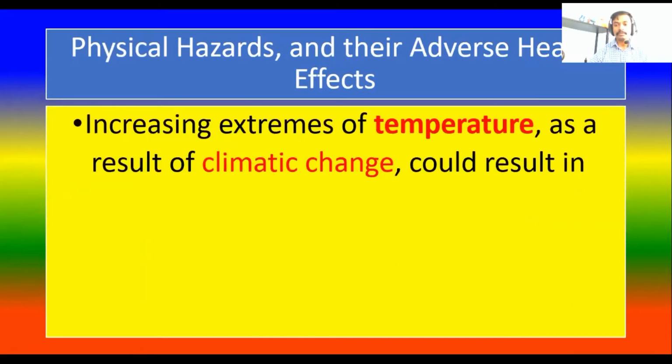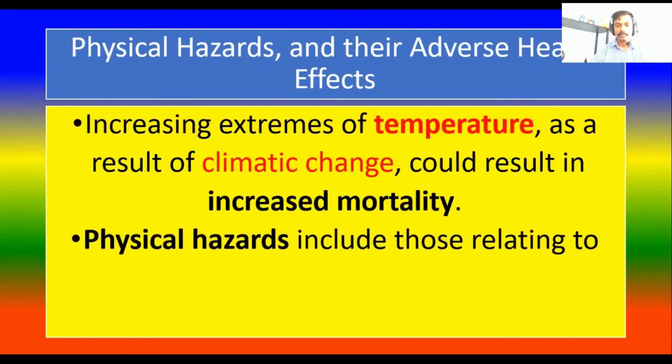Mainly temperature rise, climate change, increased mortality and physical hazards. Students, we need to think about climate change. For example, the agricultural sector is largely affected, as with the farmer suicides in various states in our country.